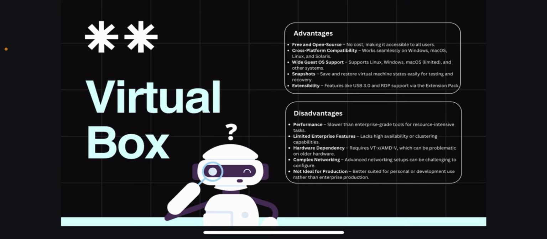It requires VT-x or AMD-V, which can be problematic on older hardware. And then we have complex networking. VirtualBox's advanced networking setups can be challenging to configure. And lastly, it's not ideal for production. It is better suited for personal or development use rather than enterprise production.